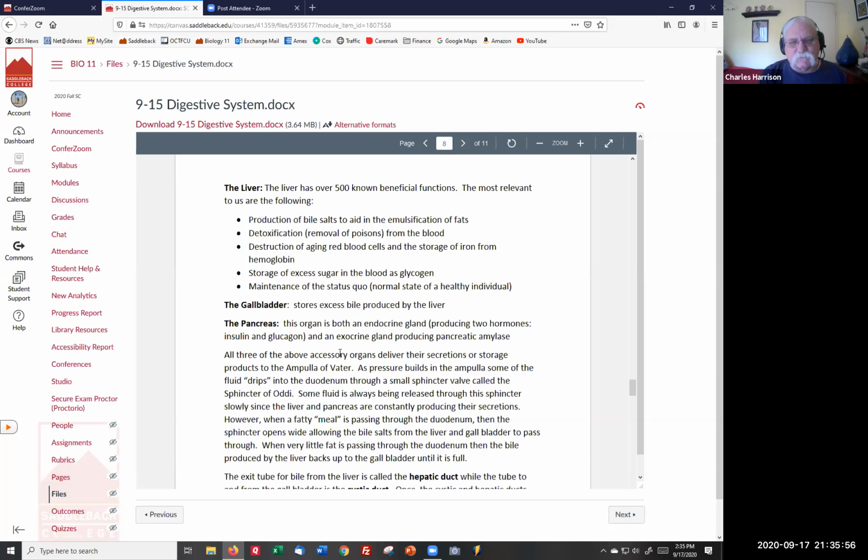It won't detoxify everything. For instance, some of the death cap mushrooms, you eat one of those and you're dead. That's it. The liver has never evolved to the state where it can detoxify the poison in one of those mushrooms.